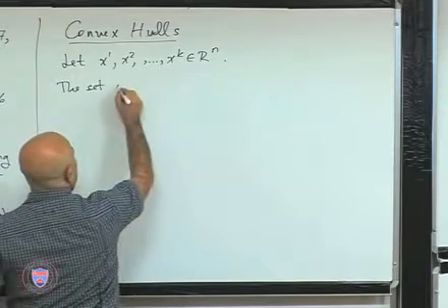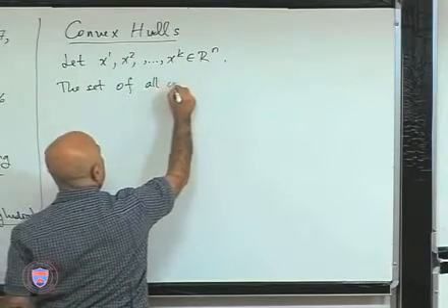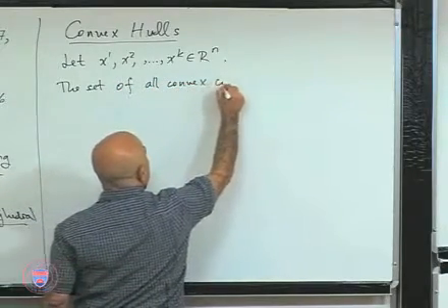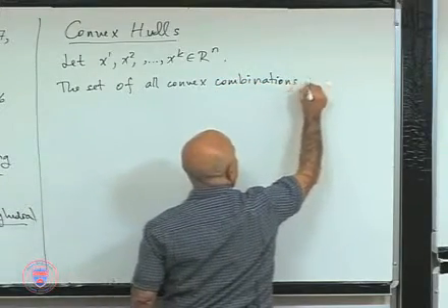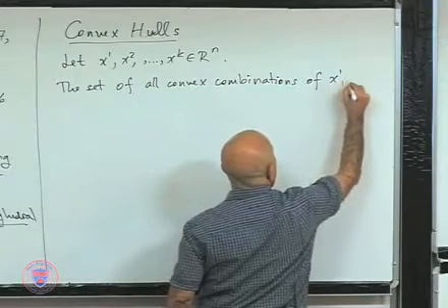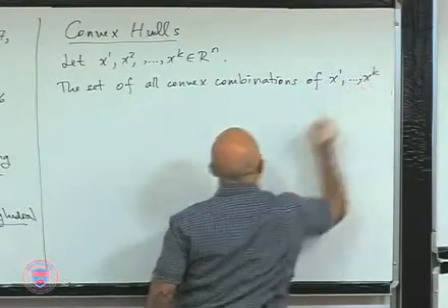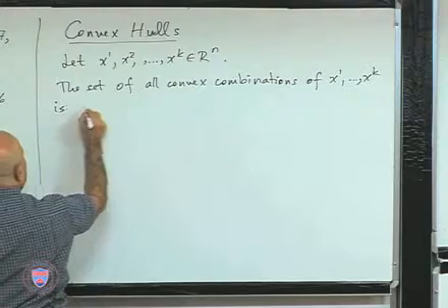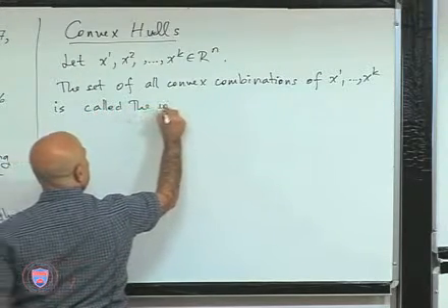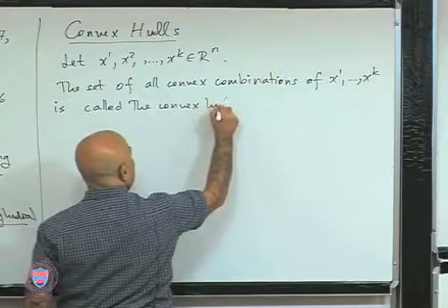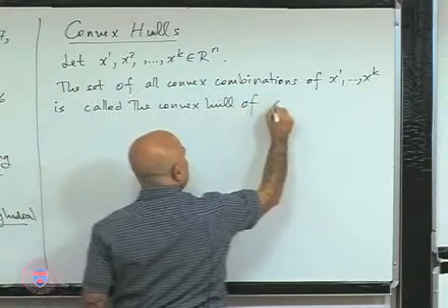So the set of all convex combinations of the points x1 through xk is called the convex hull of these points.